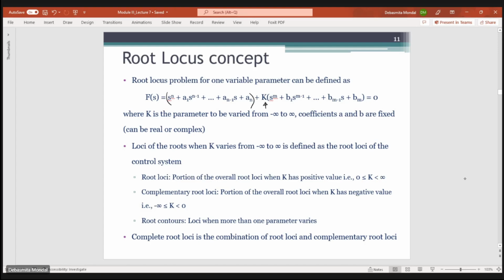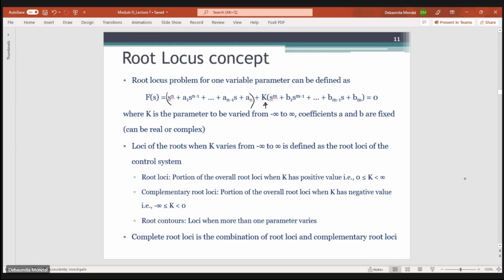Root loci is the portion of the overall root loci when k has a positive value, that is, if you change the value of k from 0 to infinity, that portion of the complete root loci is known as root loci.